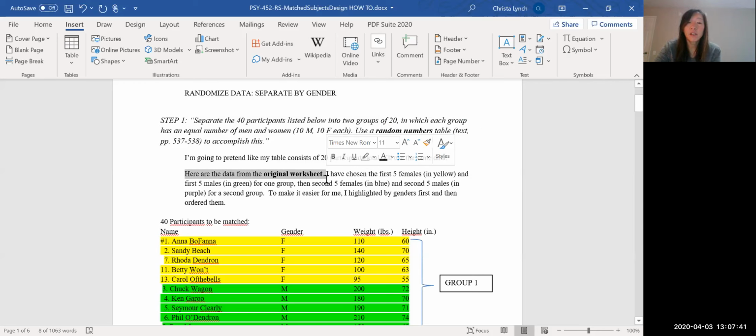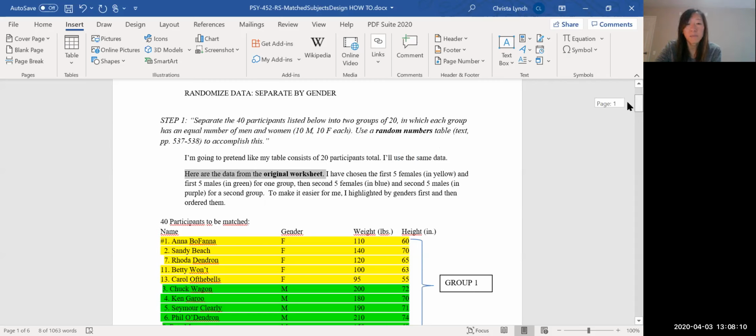I'm going to divide those, the first 5 females and the first 5 males for one group. And then the second group is the, sorry, the second 5 females, which are in blue, and second 5 males, which are in purple, for our second group.